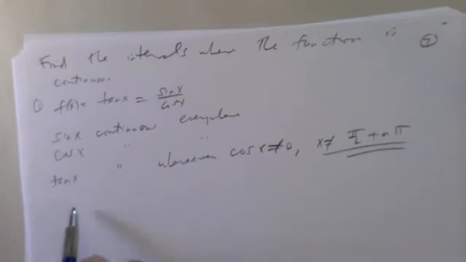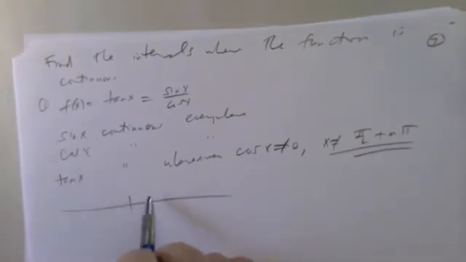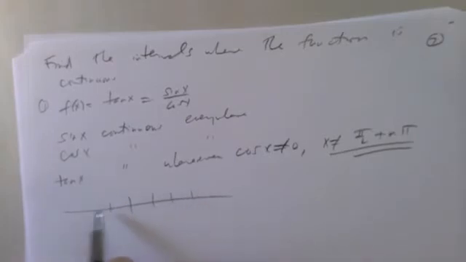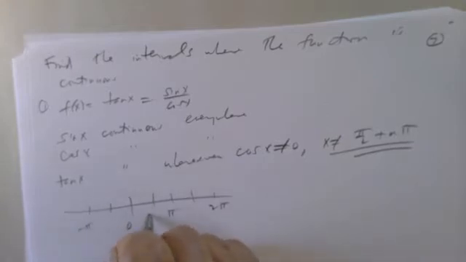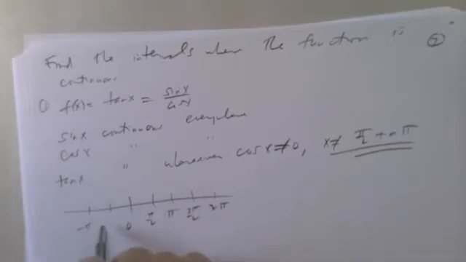So this is 0, pi, 2 pi, minus pi. This is pi over 2, 3 pi over 2, minus pi over 2.